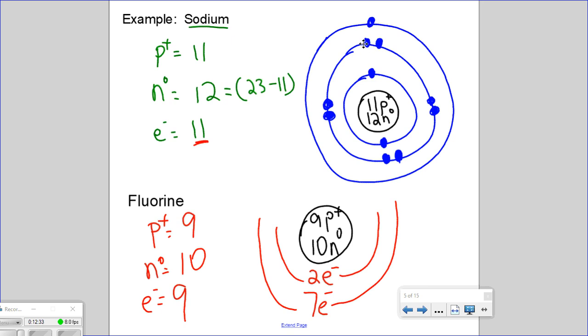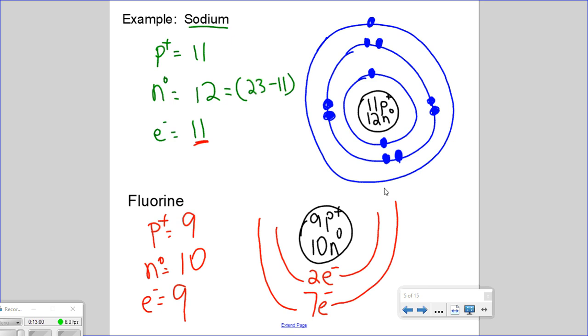So we add in 1 electron, 2 electrons, 3 electrons, 4 electrons. And then when we get to the 5th, this is when we start doubling up. So we draw in a 5th electron, 6th electron, 7th electron, 8th electron. Once we hit 8 electrons, the second orbit is full, and we have to draw a third orbit.